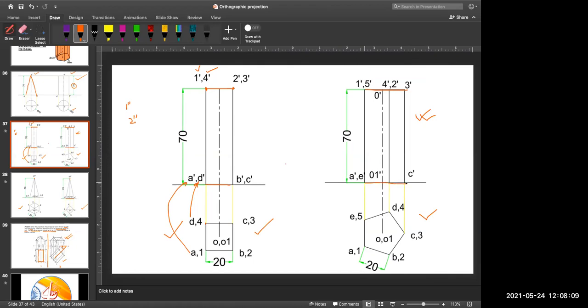Here you can see A prime, E prime, and C prime. At this location, B prime and D prime will come. Here it is missed, so I will write D prime, comma, B prime also.